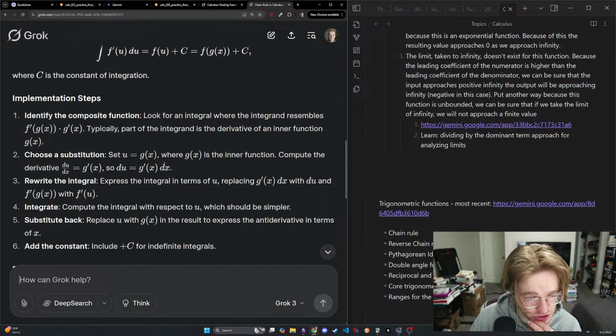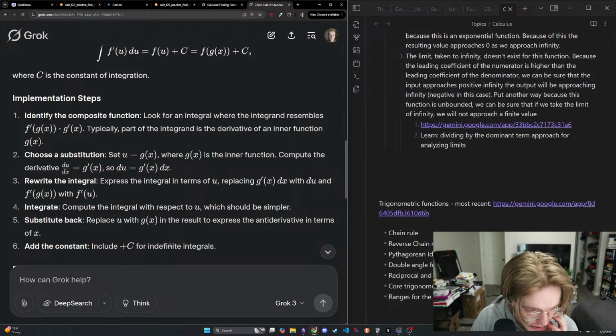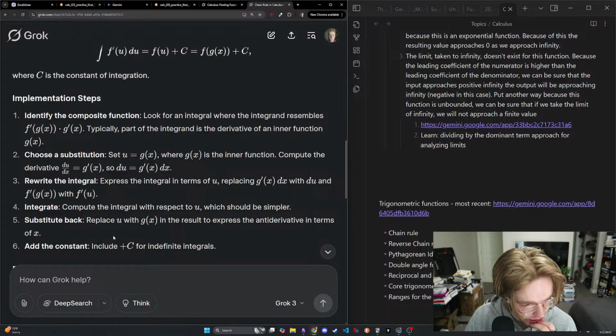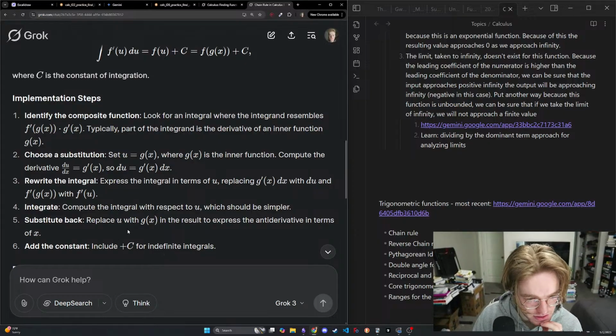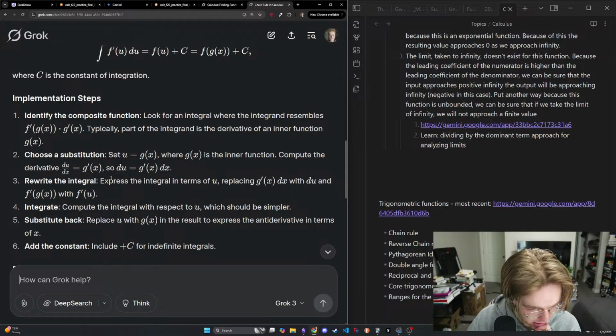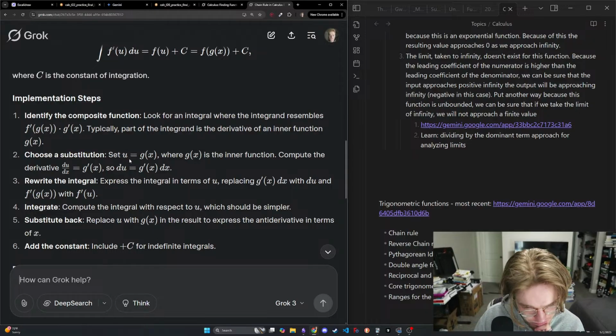Identify the composite function. Look for an integral where the integrand represents f prime of g of x multiplied by g prime of x. Typically, part of this integrand is the derivative of an inner function g of x. Choose a substitution. Set u equal to g of x, where g of x is the inner function.